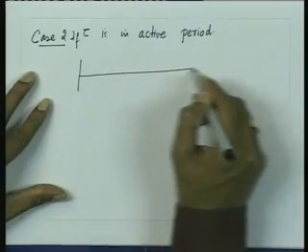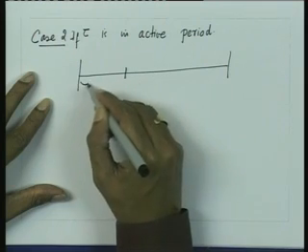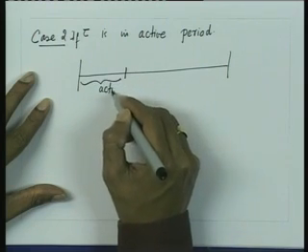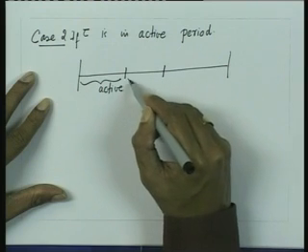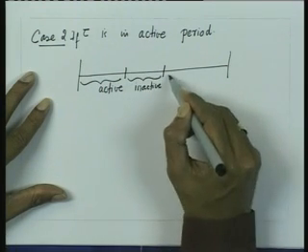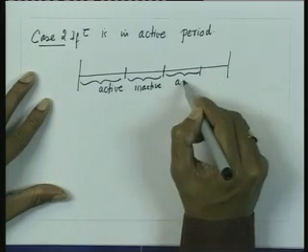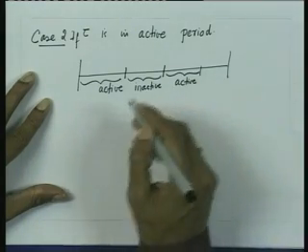Something like this: here is an active period, again inactive, active, inactive, and so on.